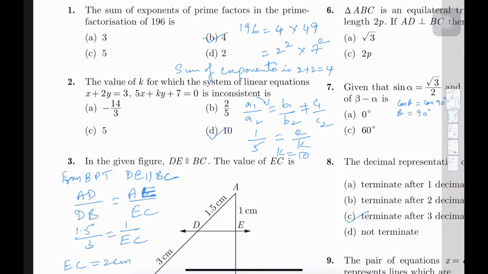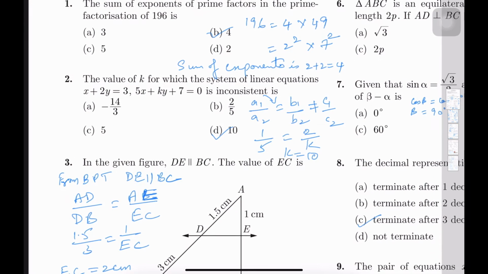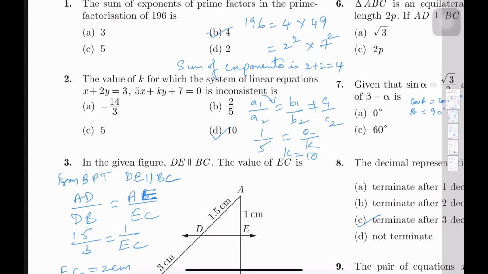For the second one: the value of k for which the system of linear equations x plus 2y is equal to 3, 5x plus ky plus 7 is equal to 0 is inconsistent. Now whenever the condition is inconsistent, a1 by a2 is equal to b1 by b2, is not equal to c1 by c2. That means the two lines are parallel.